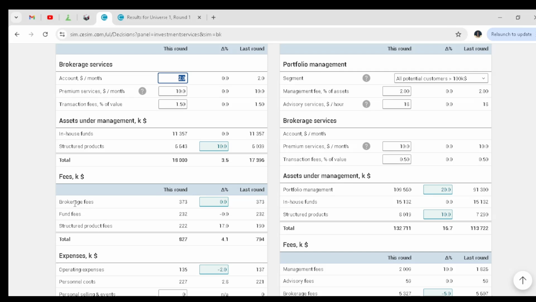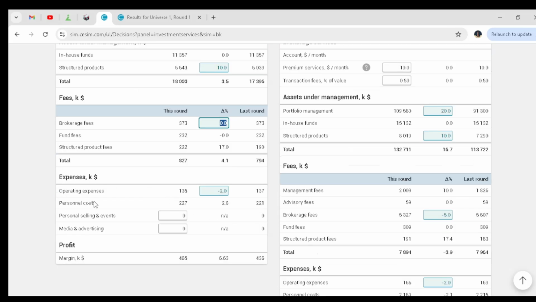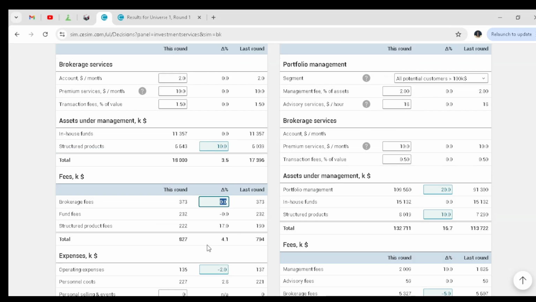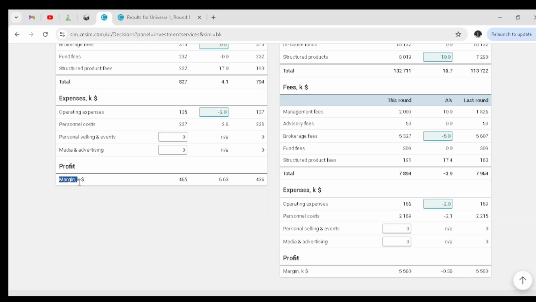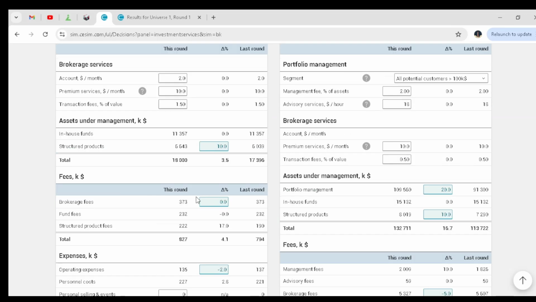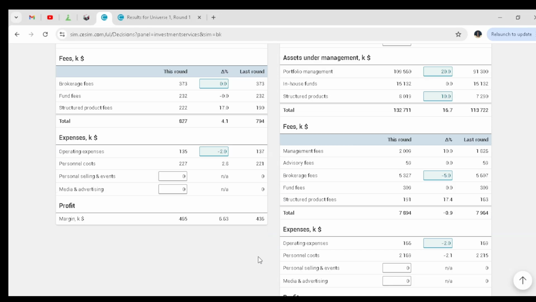Brokerage fees, we are just going to maintain it at 0.0, the estimation. Expenses also, we are just going to maintain the operating expenses at negative 2.0. Personal selling events at 0, media advertising at 0. Down here you can see the margin, whereby you can see that the profit margin is 465 for this round. And for the last round, it was 436.